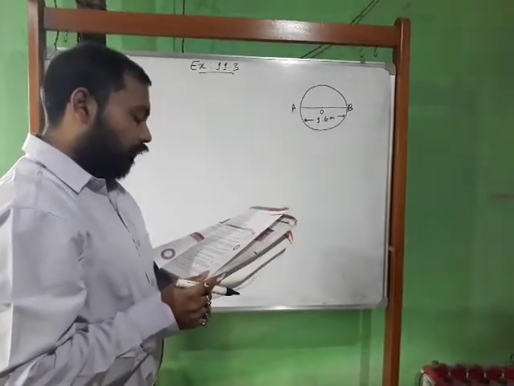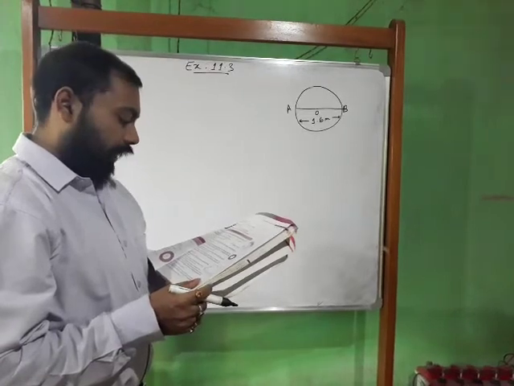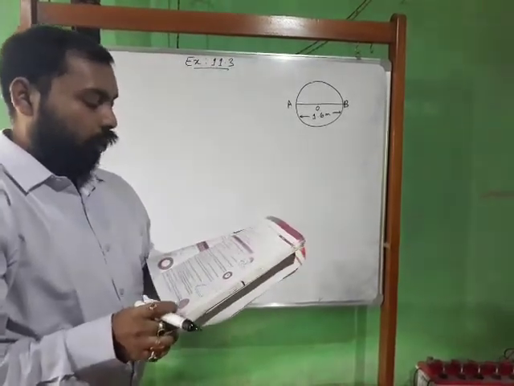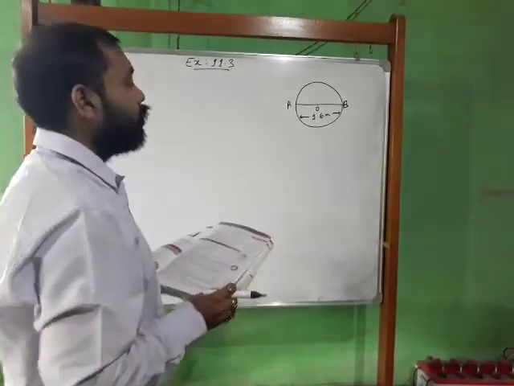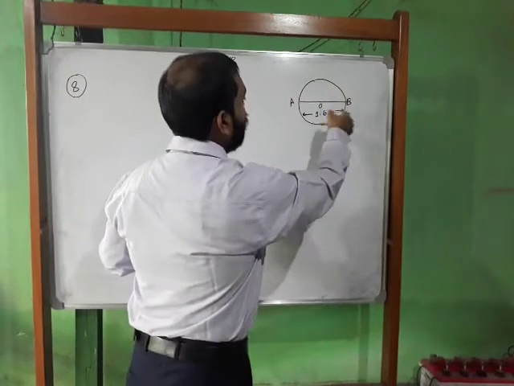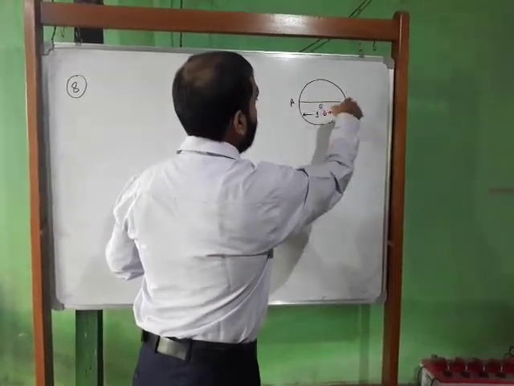At first we have to find the area, because it is given in the question that the rate of polishing is rupees 15 per meter square. So we have to find the area of this circular table, and then only we can find out the cost of polishing this table.